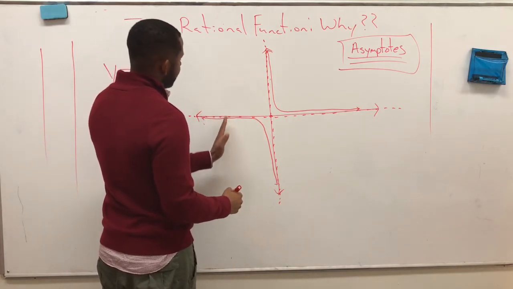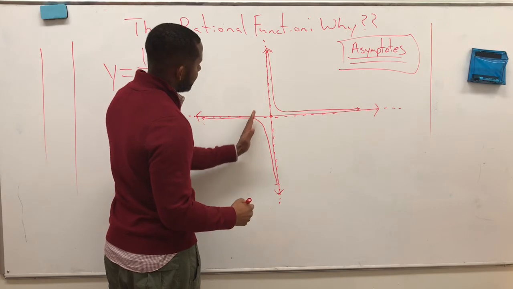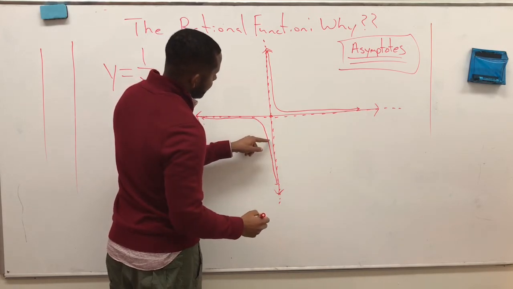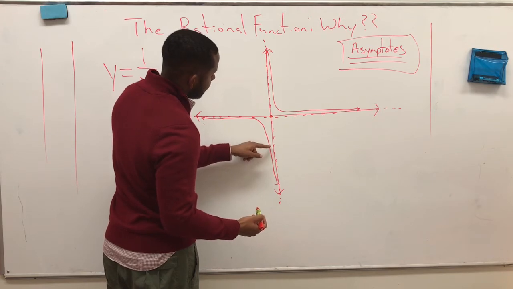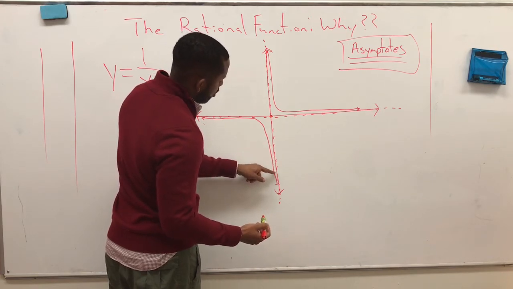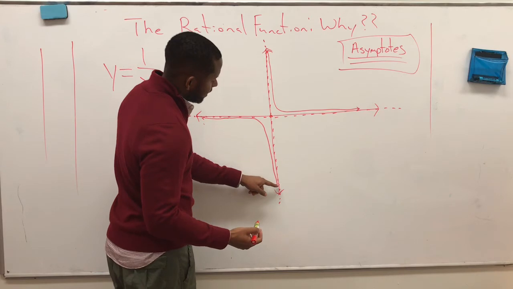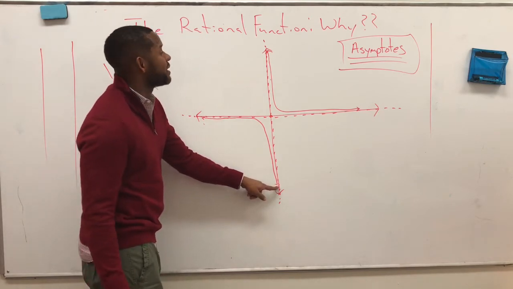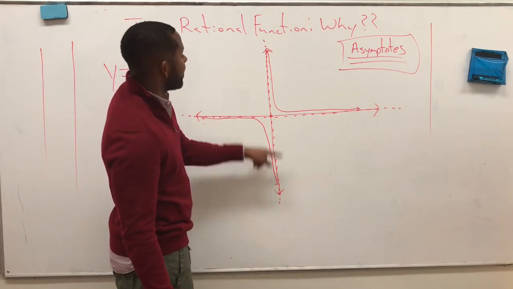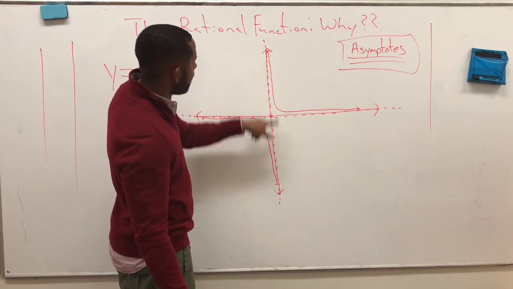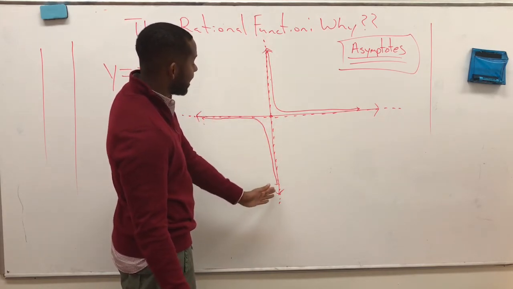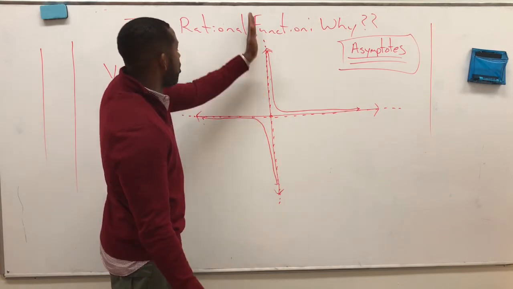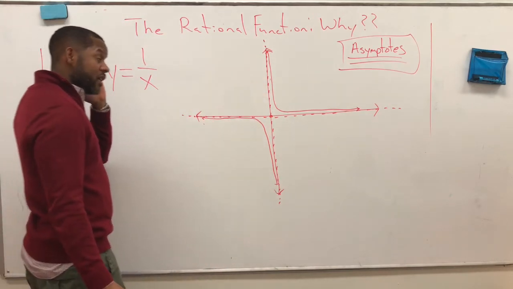So here's my x values, here's 5, 4, 3, 2, 1, and on the negative side, negative 1, negative 0.5, negative 0.2. It's going to get closer and closer to 0, but it's never going to get there. That's why you get that asymptote at x equals 0, which is where the y-axis is.